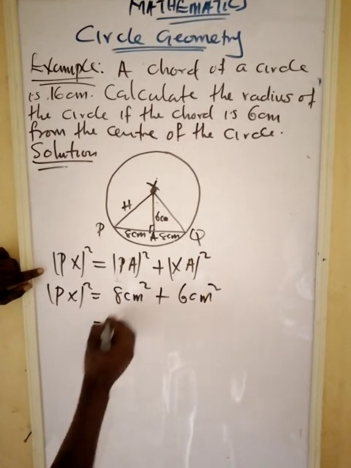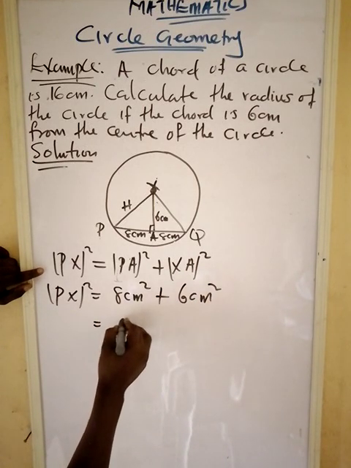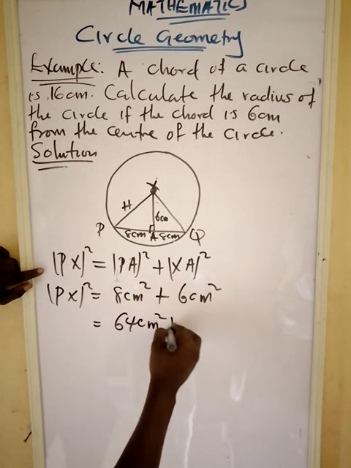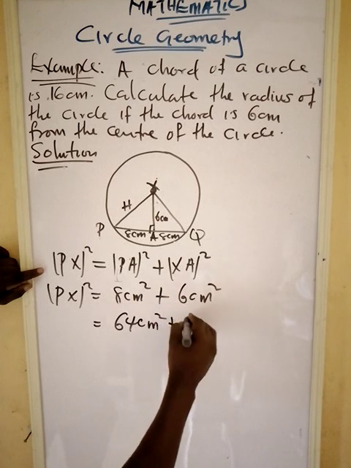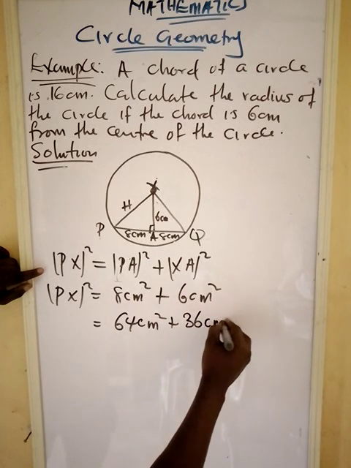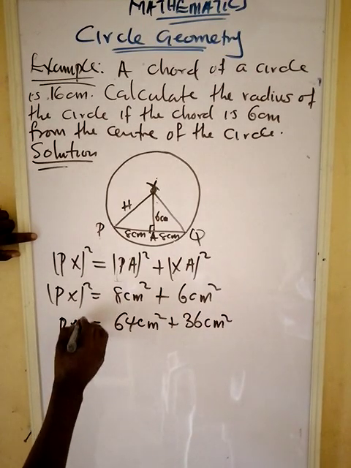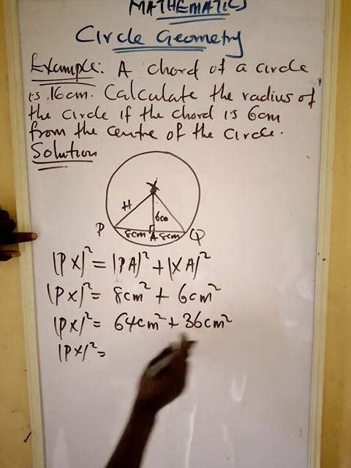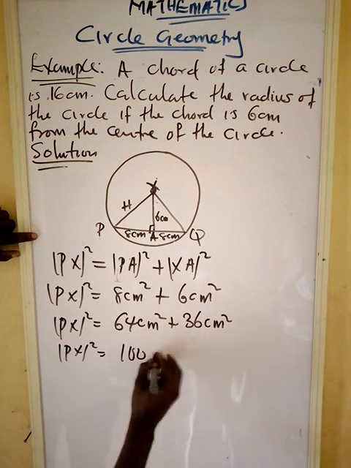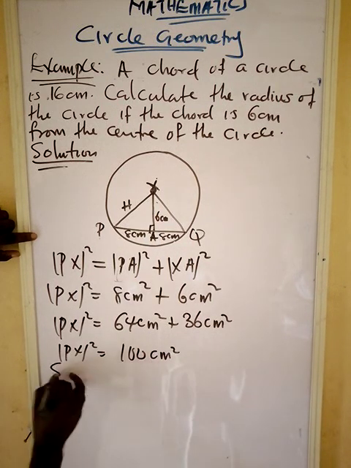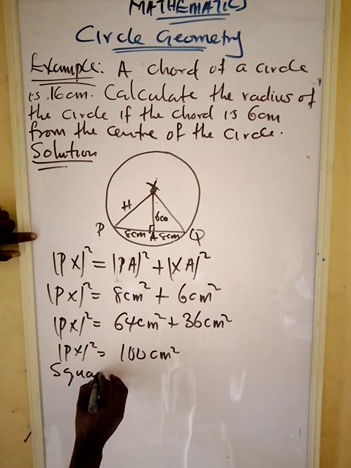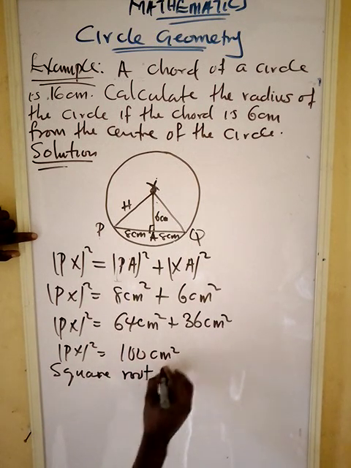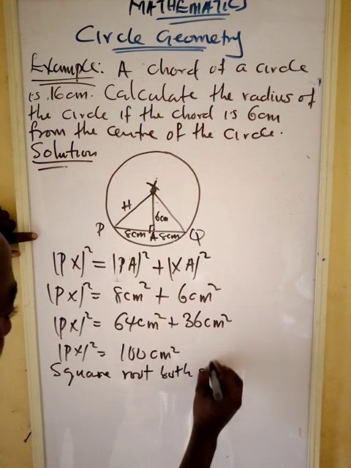Our 8 centimeter squared is 64. 8 squared is 8 times 8, 64 centimeter squared, plus 6 squared, which gives us 36 centimeter squared. That's our PX squared: 64 plus 36 is 100 centimeter squared. Then square root both sides.